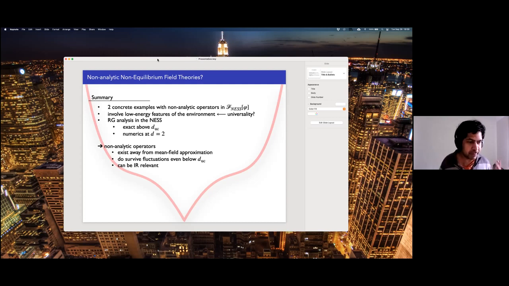For example, in the standard Hertz-Millis treatment of itinerant fermions, you get a mod of omega term if you integrate out the electrons. So is the origin here similar, that you have some baths where you integrated out some very low energy modes, which you shouldn't? Anyway, we don't want to do that, but sometimes we have no choice. We end up doing that and we get these extra terms, or is there something more to it than that?